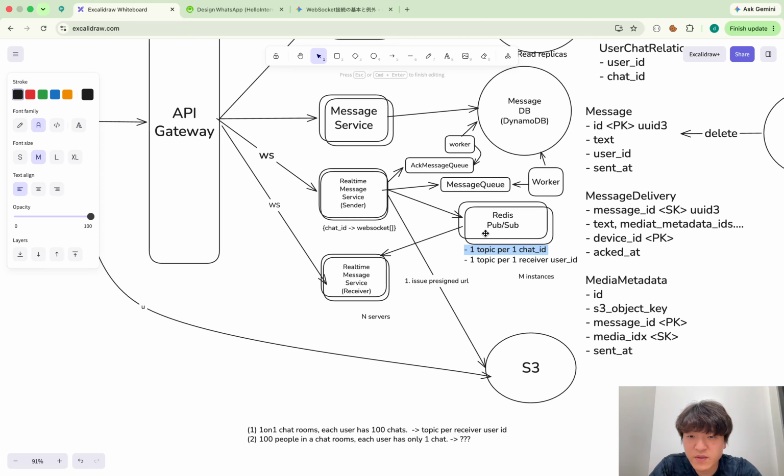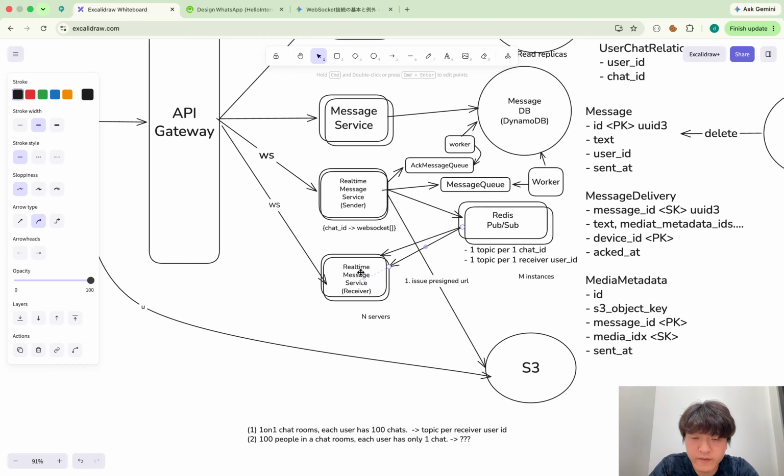This topic is subscribed by multiple users, because there are 99 other users. So now Redis PubSub has to send the message to 99 subscribers. This is a fanout here. So that's what happens in the first option.